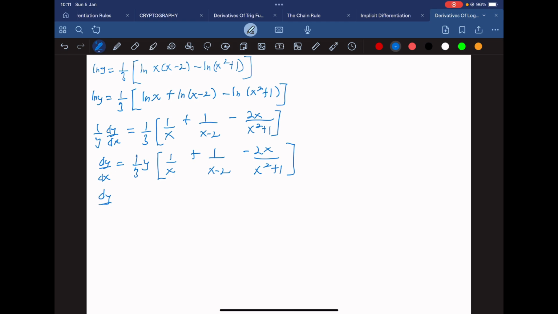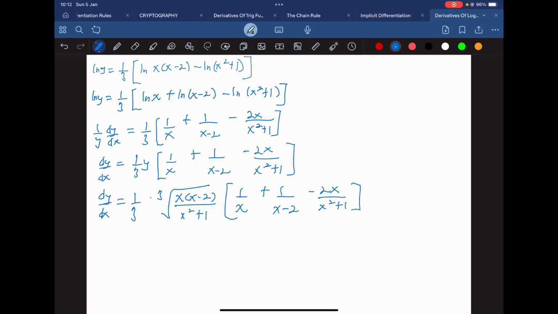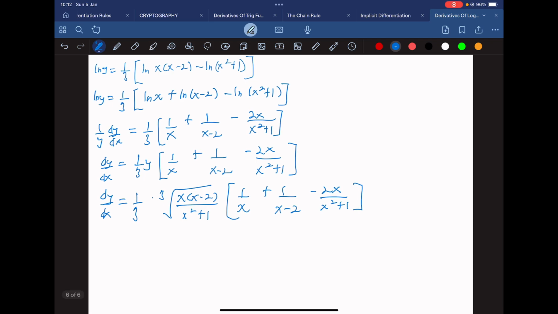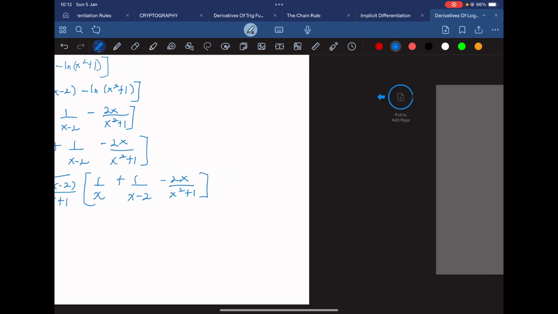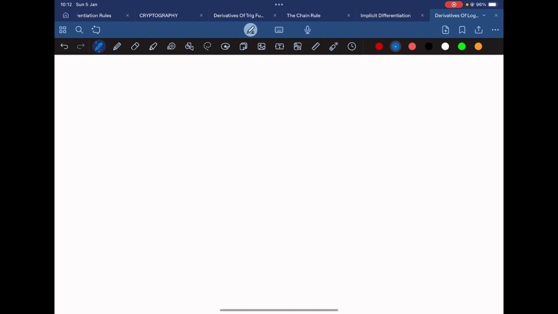So our dy/dx, note that your y in this case was the cubic root of x multiplying (x minus 2) out of x squared plus 1. Then you write everything as it is: 1 over x plus 1 over x minus 2 minus 2x out of x squared plus 1. I hope this is clear. Okay, let's look at the third question.